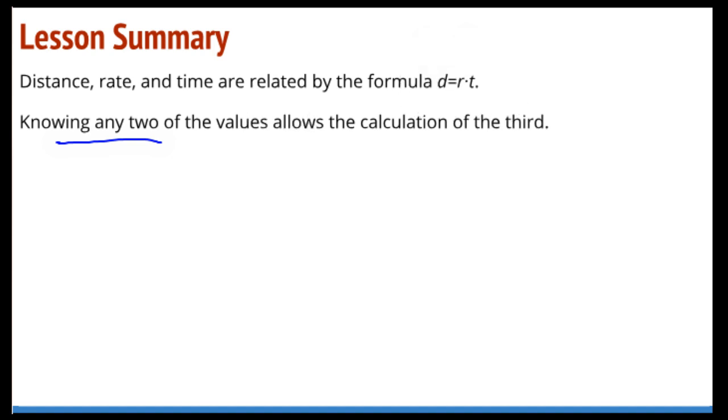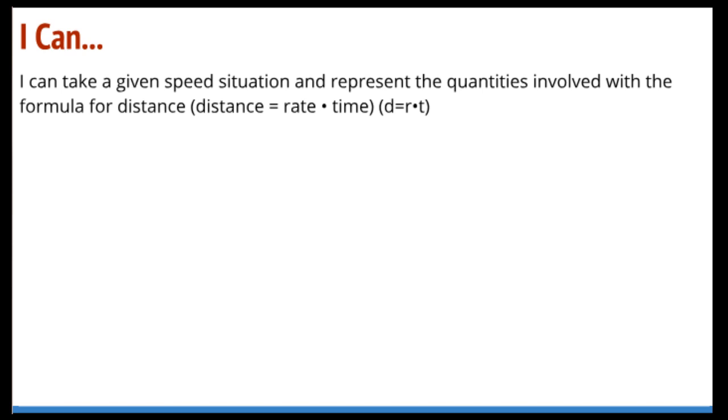So if I know two of the values, I can find the third, which is very similar to our fact families in multiplication. 2 times 3 connects with a fact family of 6. So trying to build a little connection there with what we know about multiplication.